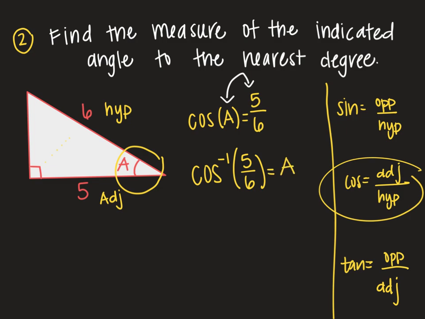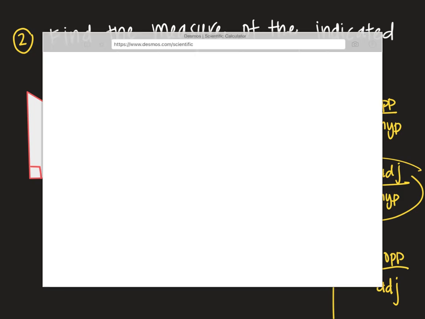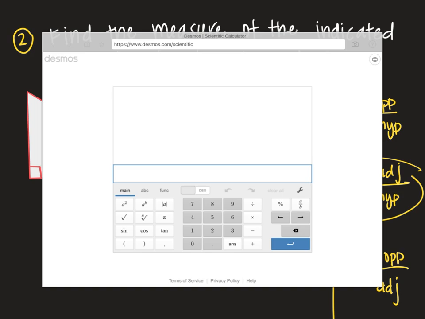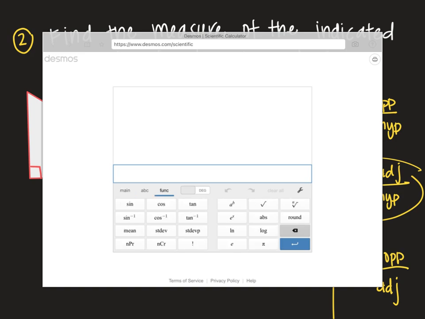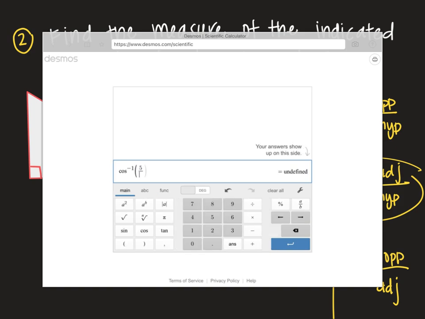And this is what I type into my calculator. So I'm going back to Desmos, hitting the function button to find my inverse functions. I do cosine inverse of 5, I have to go back to my main screen, 5 divided by 6, and that gives me 33.5.